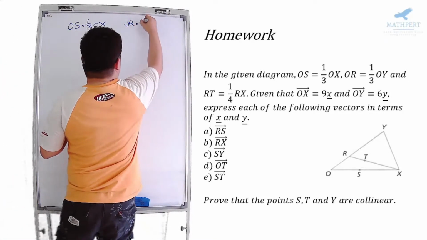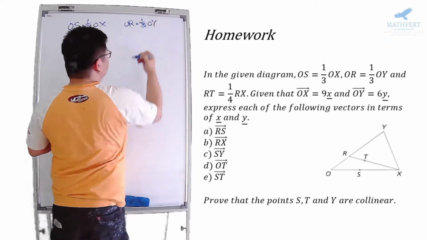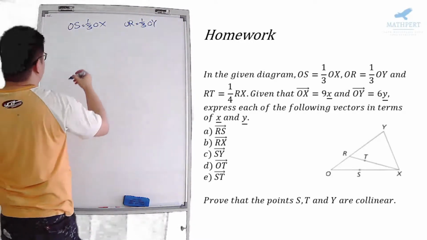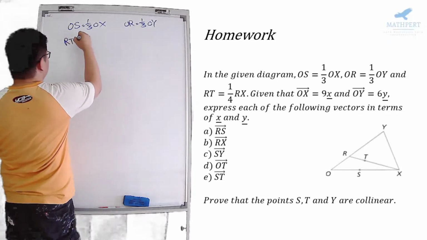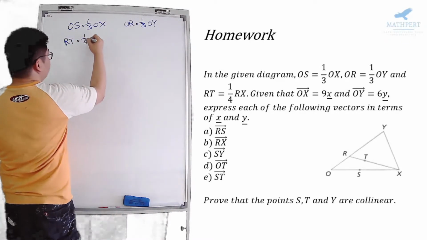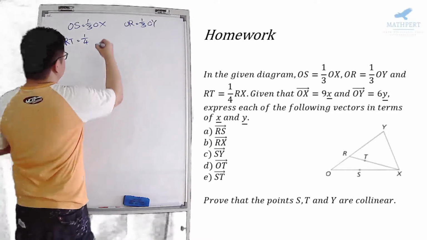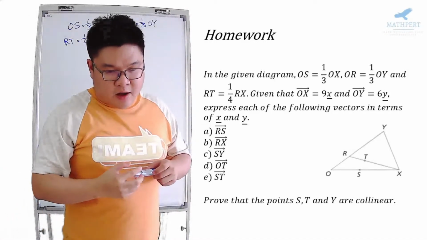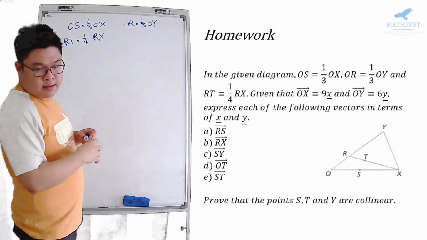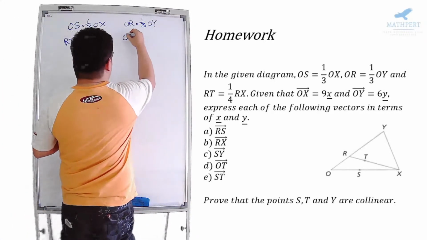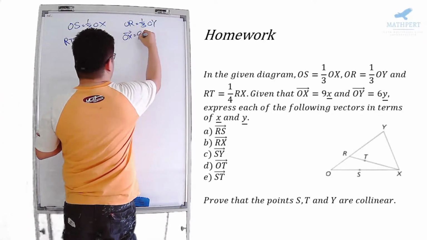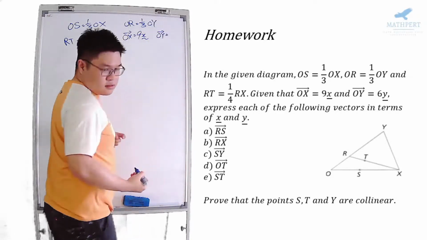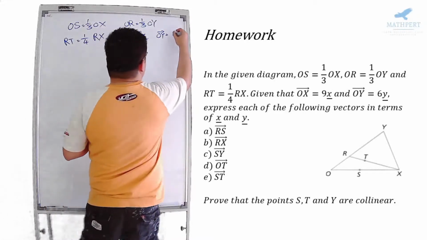And RT is 1/3 of RX. Given that OX is 9x, OY is 6y.